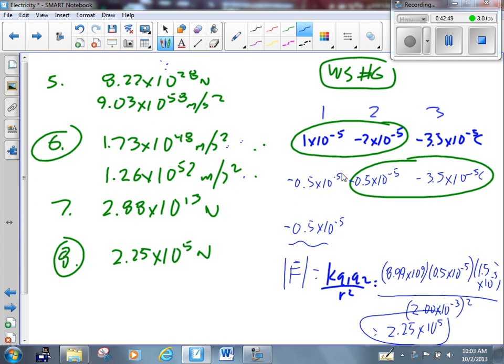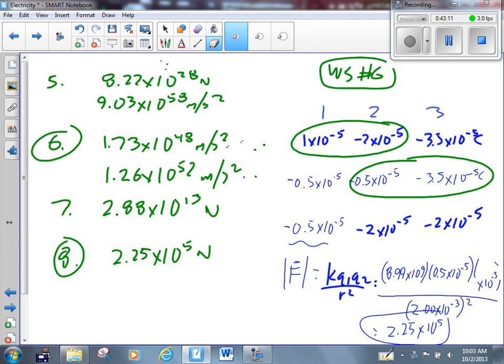Becomes negative 2 times 10 to the minus 5 and negative 2 times 10 to the minus 5. And that makes this last number here 2 times 10 to the minus 5. But we still end up getting 2.25 times 10 to the 5.